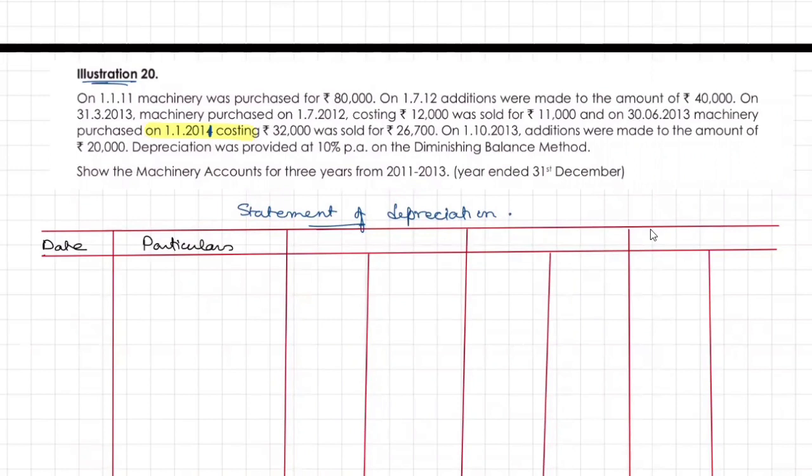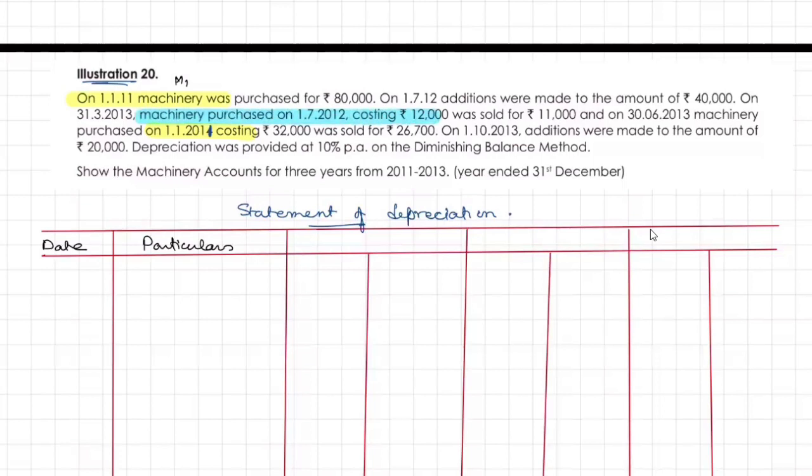So machinery purchased on 1/1/2011, I'll name it as AIM1. Then again it has written machinery purchased on 1/7/2012.